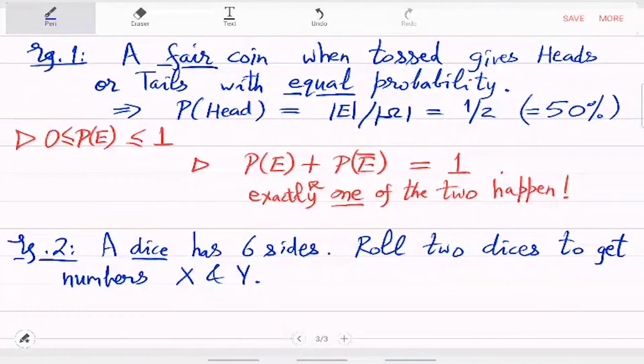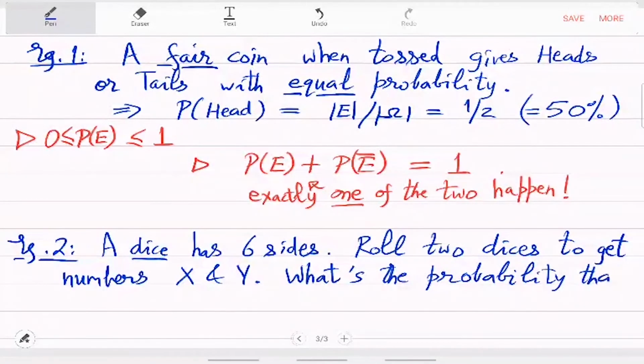Now, what is the probability that these two numbers are co-prime?